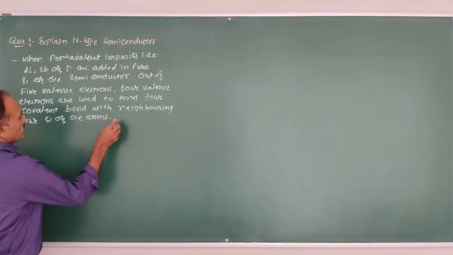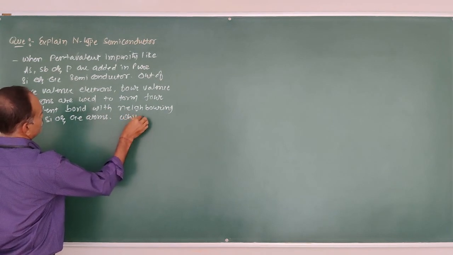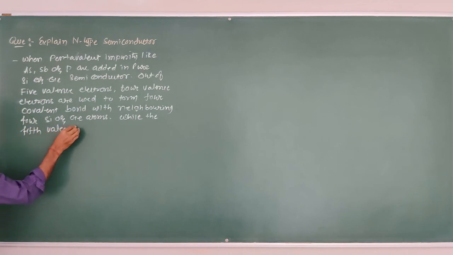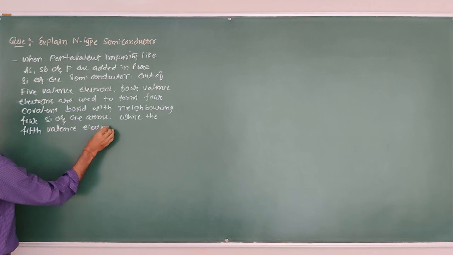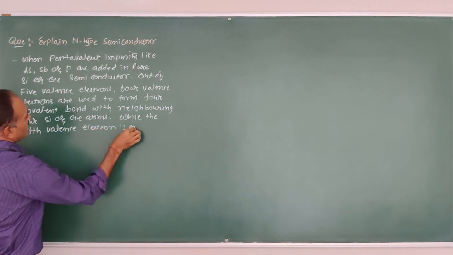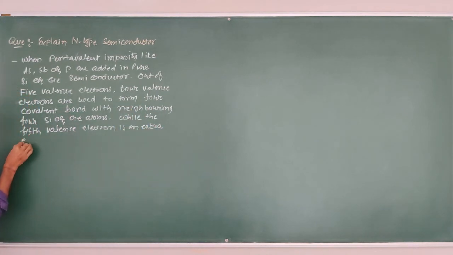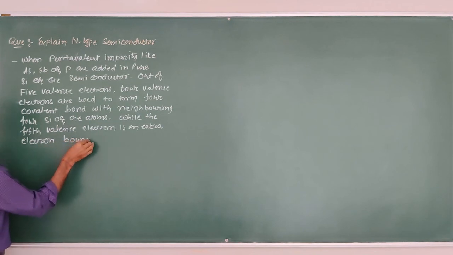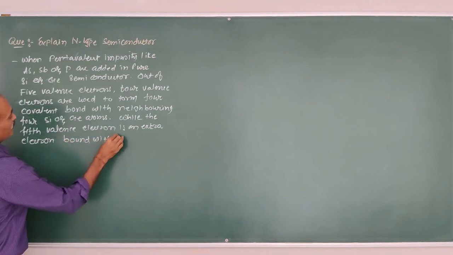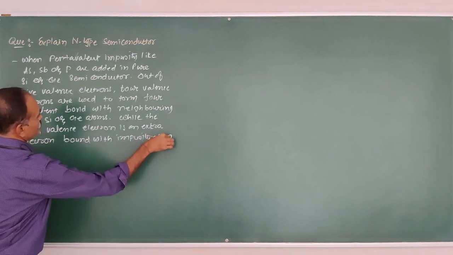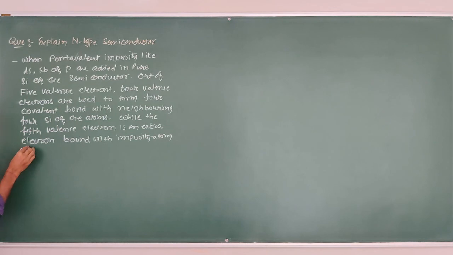While the 5th valence electron is an extra electron bound with the impurity atom with less energy.